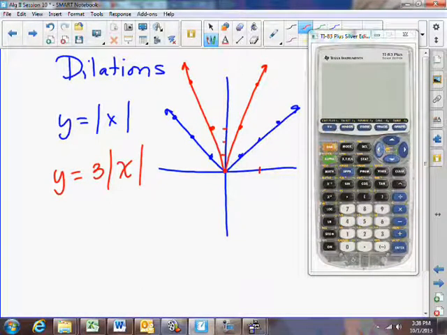In fact, one way of looking at this is everything above the x-axis in the blue graph is 3 times as high as it was before. Now what that means is something that was actually on the x-axis is no height at all. If you multiply 0 by 3, you're still going to get 0.